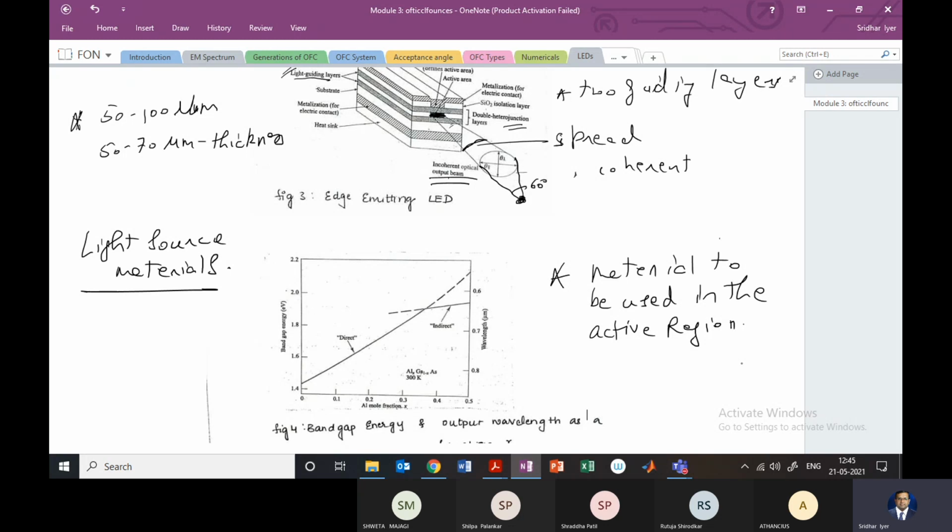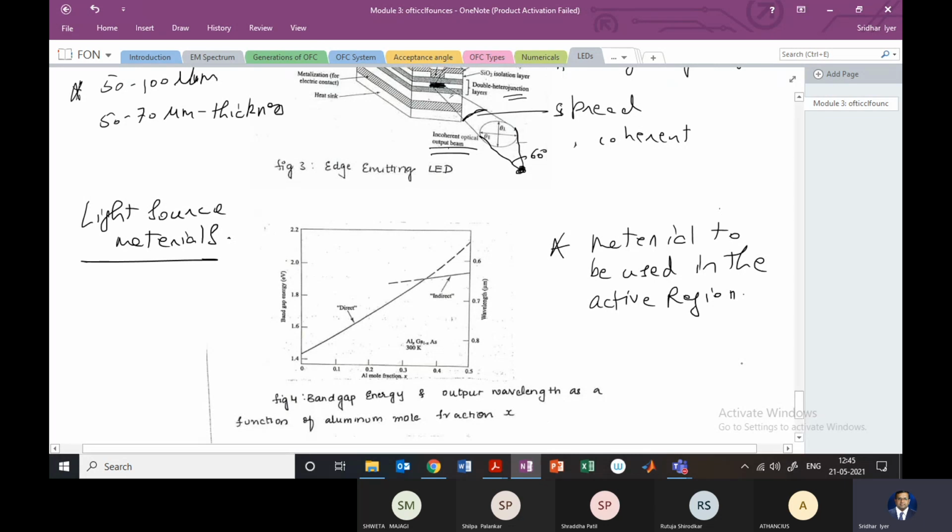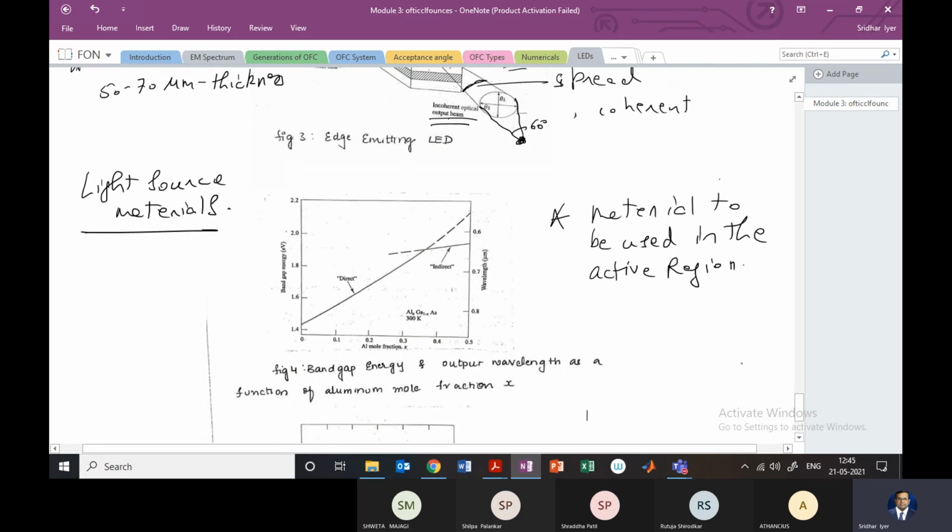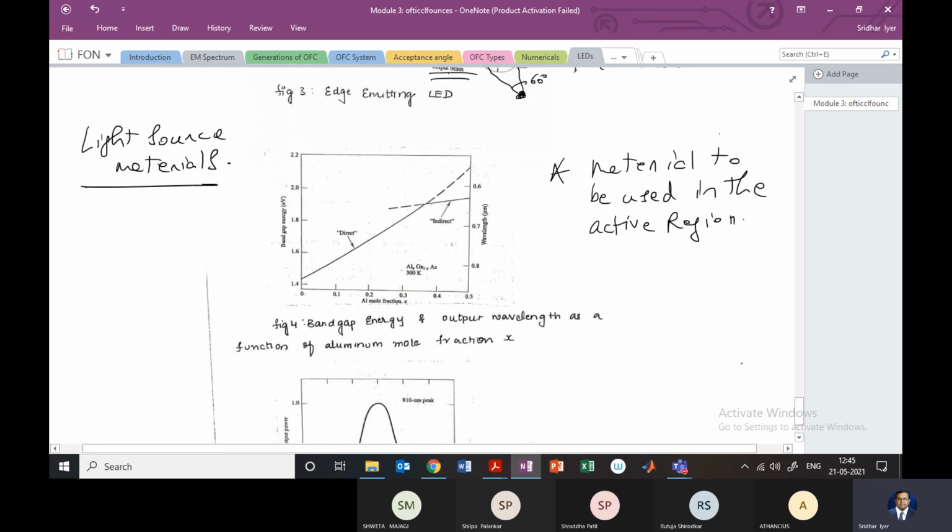Therefore we need to combine and make compounds so that we can have direct band gap energy. The researchers have come up with various materials which can be combined into a compound to have direct band gap energy, and that is what is shown in the graphs on your screen.